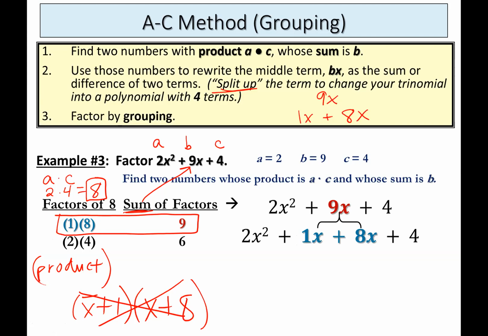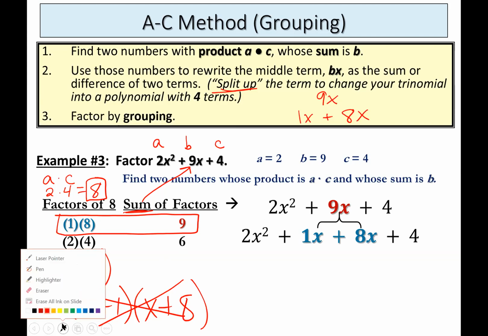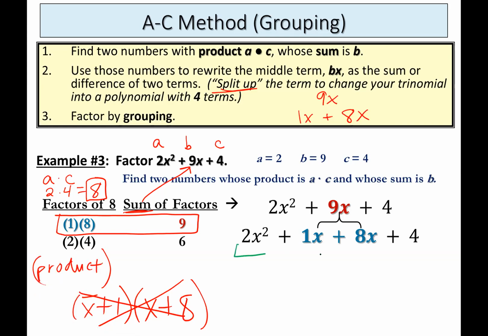Okay, you're about to see the full answer, and it's printed on your notes if you already printed the PowerPoint, but I'm just going to do it in my own handwriting first, and then we'll see the fully worked out answer as well. So this is where you're going to group your terms like this, right? Once you have 4 terms. In this first group, the GCF is x, and I'm left with 2x plus 1.